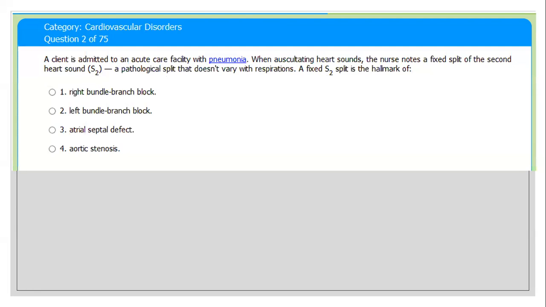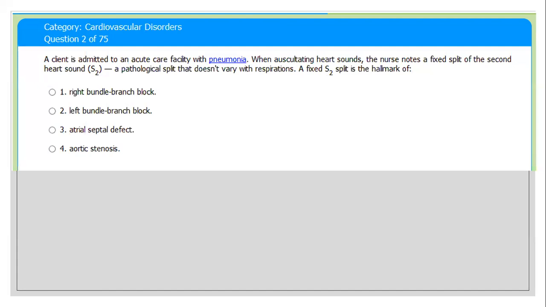If you are a healthy adult, there are normal heart sounds, often described as lub and dub, in this sequence with each heartbeat. These are the first heart sound, which we call S1, and the second heart sound, which we call S2.